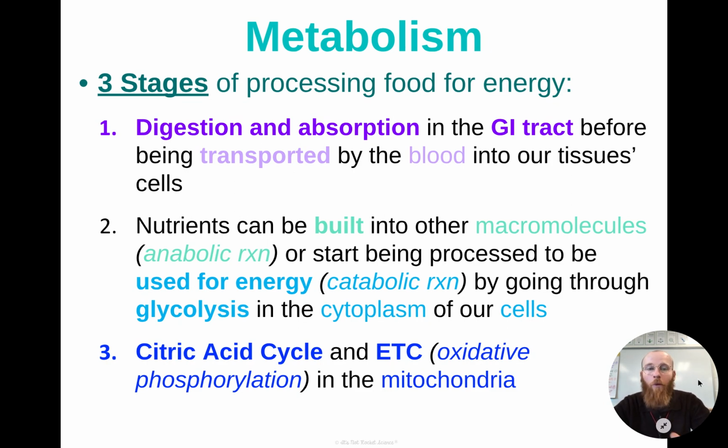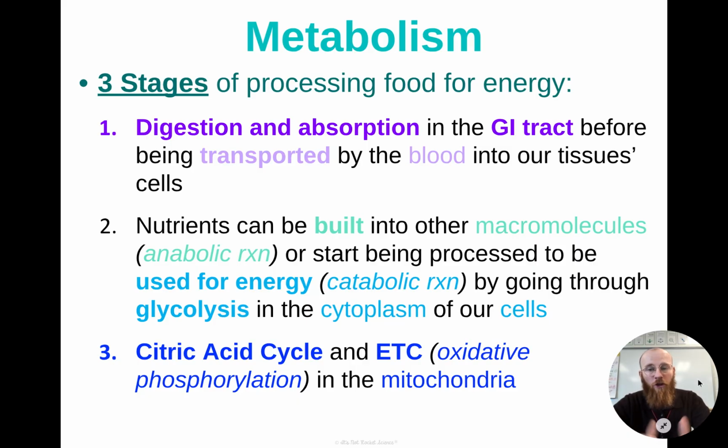Okay, so this is all about we're in the GI tract, we're actually digesting, we're breaking down our food into its smaller pieces, into those macronutrients, micronutrients, what have you, and then we're going to absorb them in our GI tract.